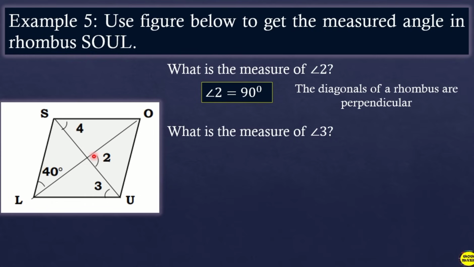Next, what is the measure of angle 3? This is what we are looking for. To get the measure of angle 3, angle SLO is equal to 40 degrees.